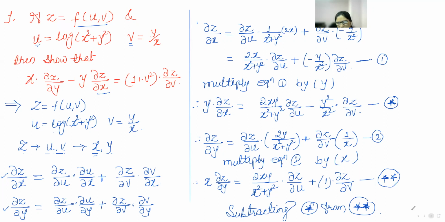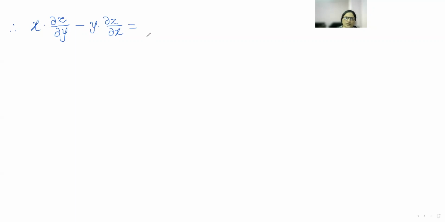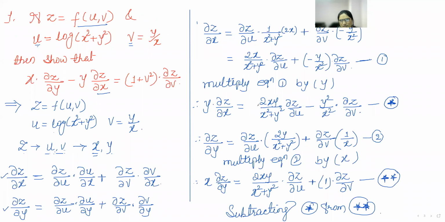So first write the double star: 2xy divided by x square plus y square into dou z by dou u plus 1 into dou z by dou v, minus the first equation, that is the star equation.